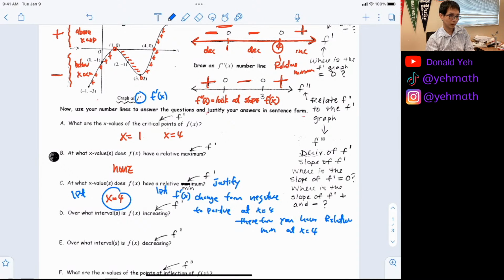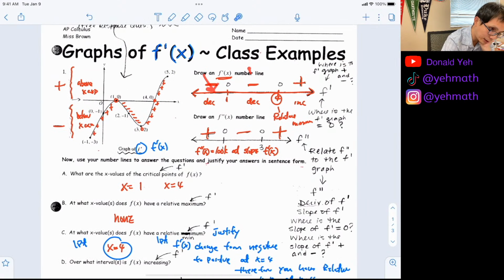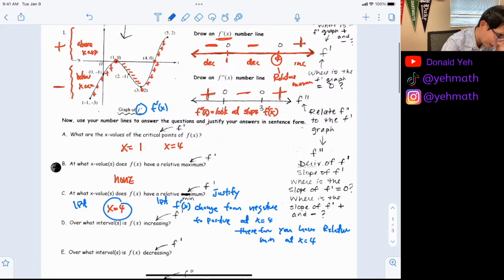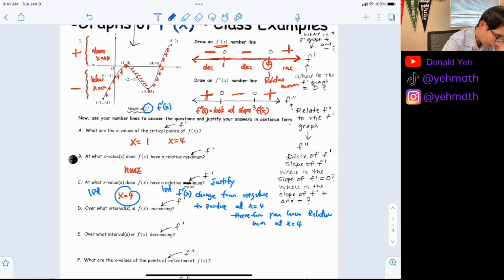X equal to 4 is a min because it's decreasing and then increasing. Do you see this? This one is decreasing, decreasing, increasing. Now they want to say where it is increasing. Increasing is going to be from 4 to 5. Why 4 to 5?